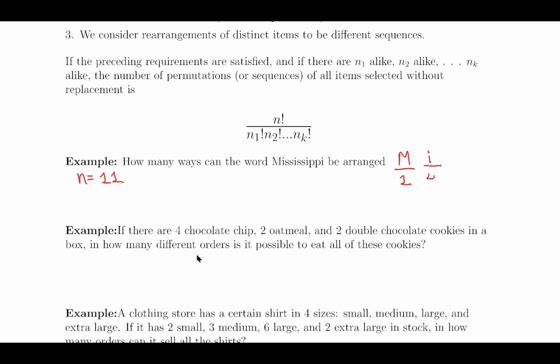What about the letter S? 4. Nancy, what about the letter P? Twice. So far, M is 1, I is 4, S is 4, and P is 2.